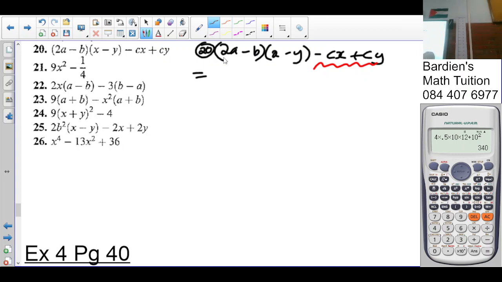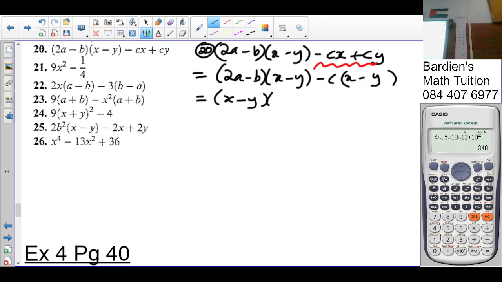Right. So what is common there? Negative c. So it's 2a minus b, x minus y, negative c. What do we have left in the bracket? x minus y. Nice. What is now common? x minus y. What are we left with? 2a minus b minus c.